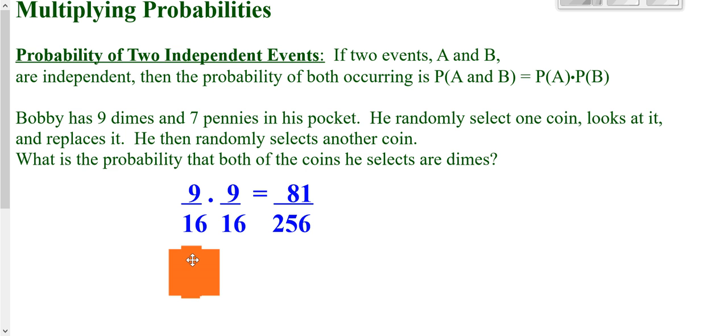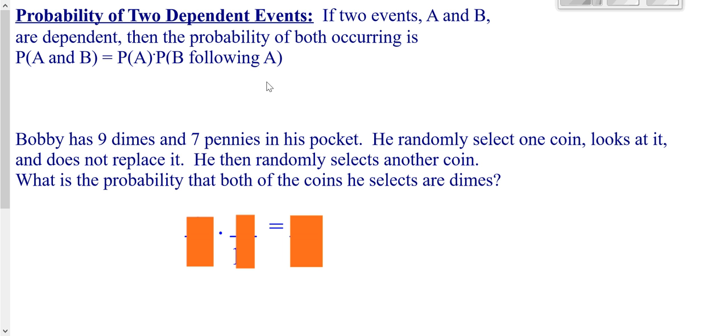It would be a dependent event if he put his hand in, grabbed a coin, selected it, looked at it, and kept it. Then when we want to draw our second one, there would not be as many coins to choose from, so that would be a dependent event. And that's what we're talking about here. So he's getting a coin, he's not putting it back, he's hanging on to it and then going back to get a second one.